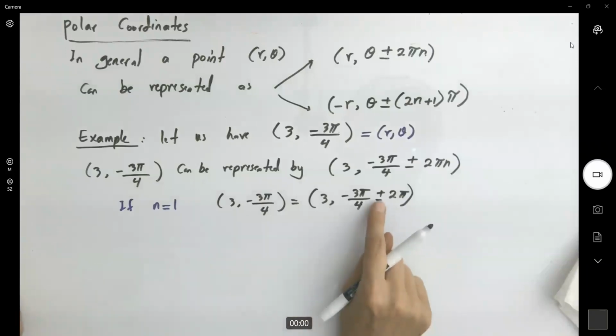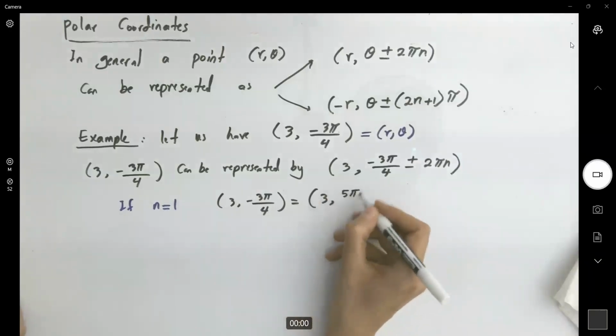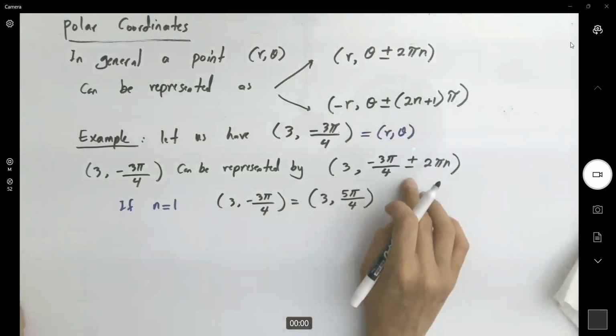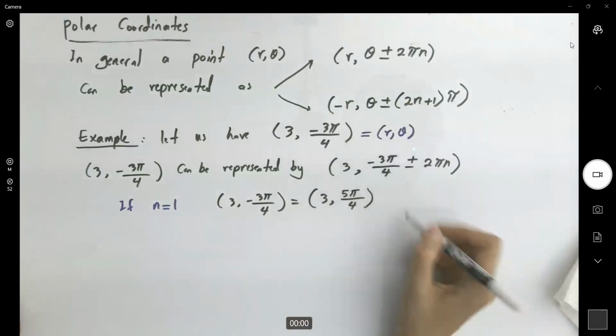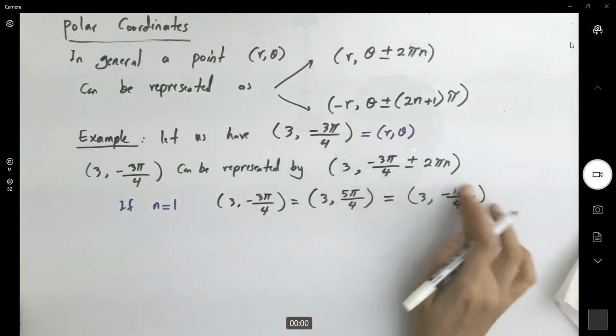You can just use plus, and then you get 5 pi over 4, or you can use minus, negative 3 pi over 4 minus 2 pi, negative 11 pi over 4. These points, they're all the same.